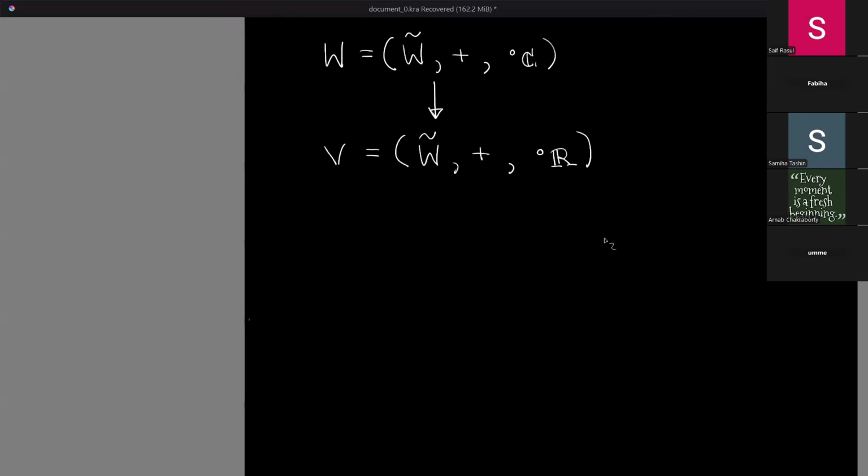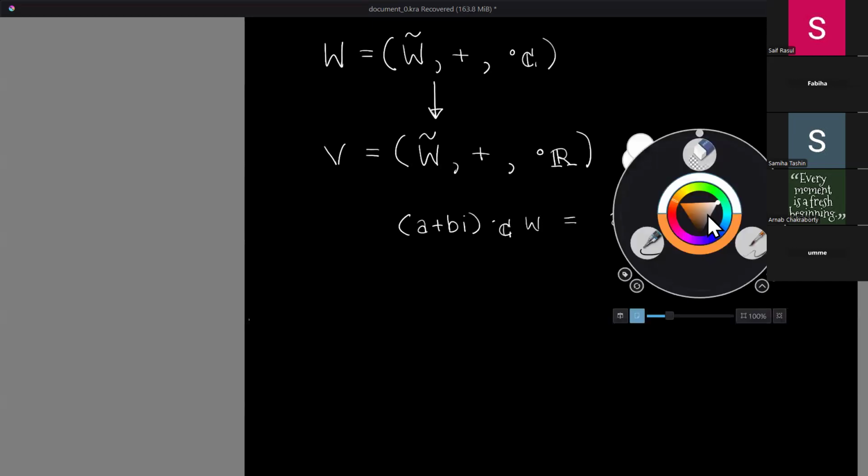So if we do this, then we can see that again, (a plus bi) dot w, this is the complex scalar multiplication that we have on W, is equal to a real scalar multiplication into w plus b, real scalar multiplied by J of w. Sorry, this should be w, that's a typo.